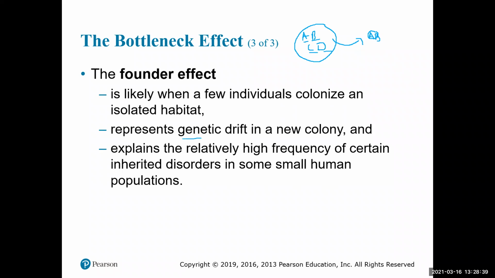And this represents genetic drift, which we'll talk about in a second, in a new colony, but it also explains the high frequency of certain inherited disorders in small human populations, because if a person has that disorder and they found a population, then that disorder is going to propagate through that small population relatively quickly.